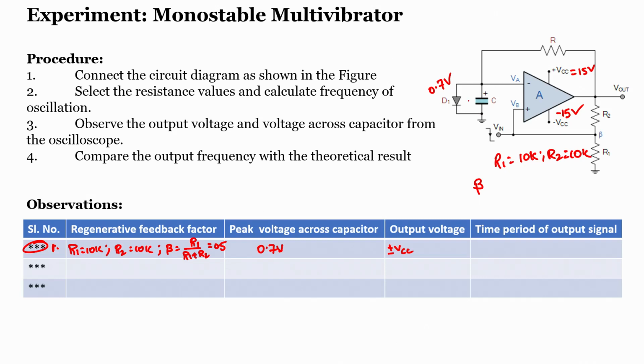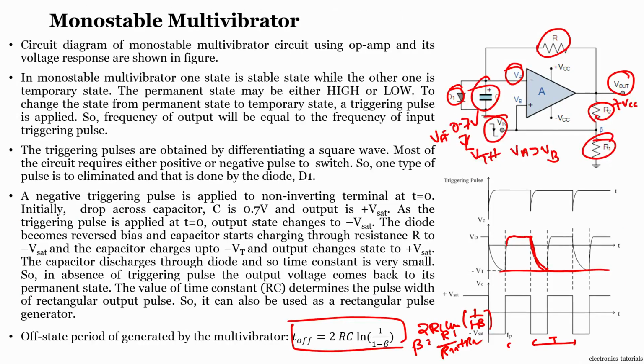And what about the time period of the signal? In order to calculate it, how do we derive this particular value? Similar to our previous astable multivibrator explanation, we can consider this value 0.7 till this value and calculate the discharge time, and we can easily understand the time taken for this to discharge. In the previous case we considered from higher threshold to lower threshold.